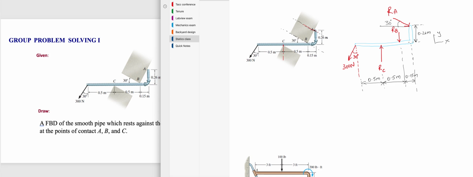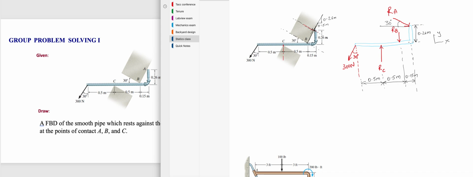Or the other way, we can find out the slope of this line, which is y is 0.26 meter, x is 0.15 meter, right? In this triangle, how do we get the slope of a line? The y and the x. So if that is the slope of the line AB, what is the slope of a line perpendicular to AB, which is RA?